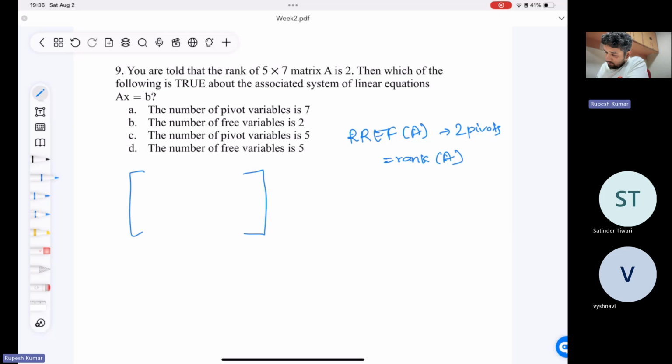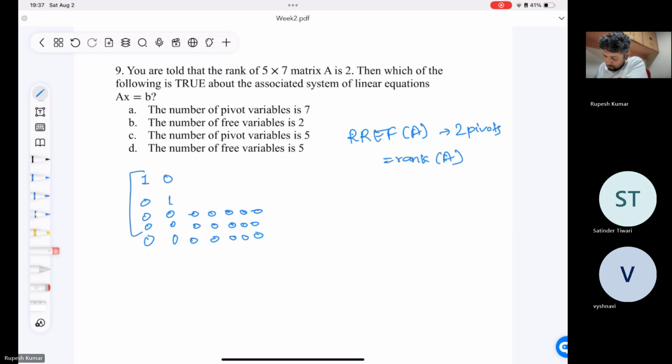So let's say we define this matrix to look like this: 1 0 7, 0 1 0, 5 3 4 5, 1 2 3 4 5, right? Now other entries can be anything. These have to be 0, these have to be 0, these have to be 0.